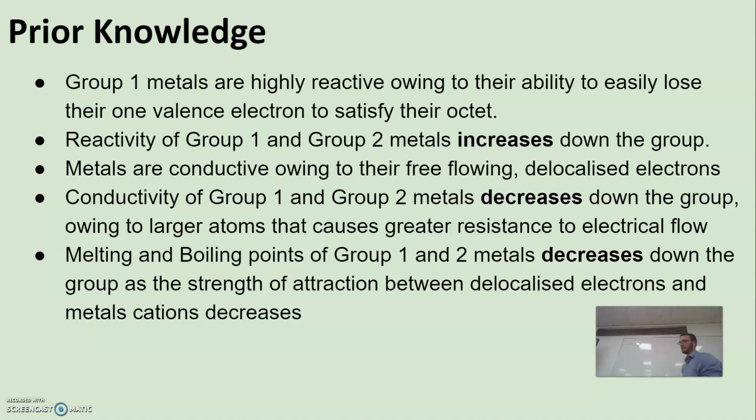They require less energy. Metals are conductive. We've looked at the conductivity of group 1 and group 2. Conductivity decreases as we go down, right? A larger atom increases the resistance for those electrons to flow.